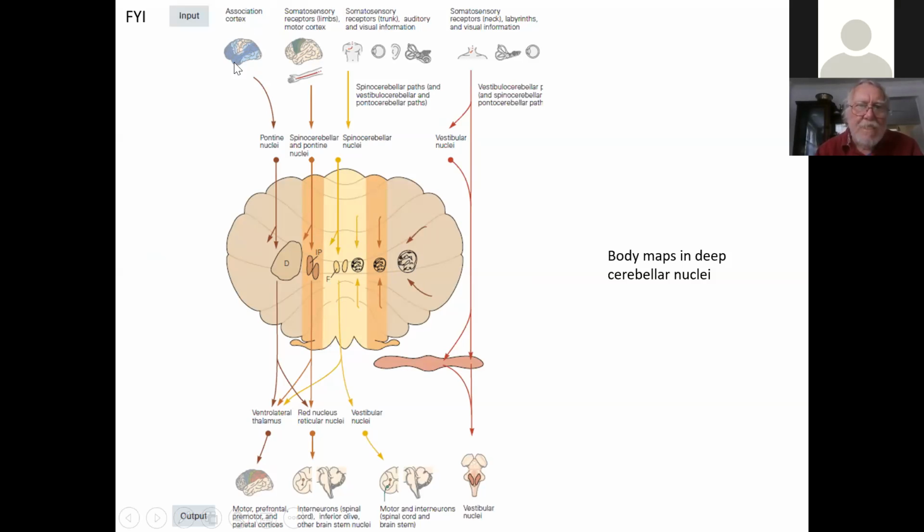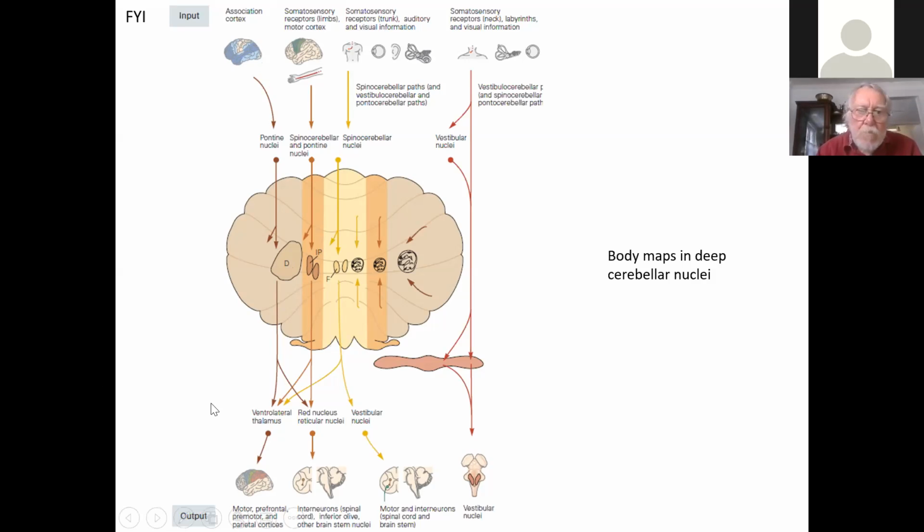Association cortex goes through pontine nuclei, so the parietal lobe will project to pontine nuclei that then will project onto the dentate nucleus. And the dentate nucleus, if you remember, provides incredible amounts of input into the VL nucleus of the thalamus. And then the VL nucleus of the thalamus is modulating motor, prefrontal, premotor, and parietal cortices.